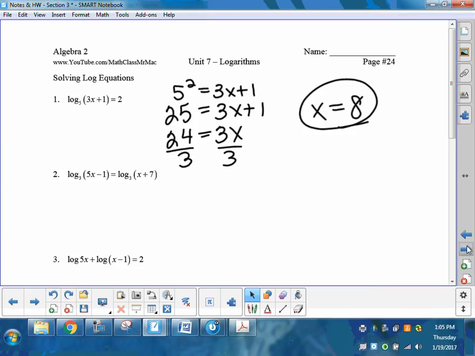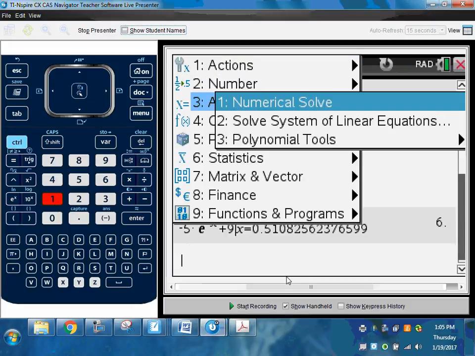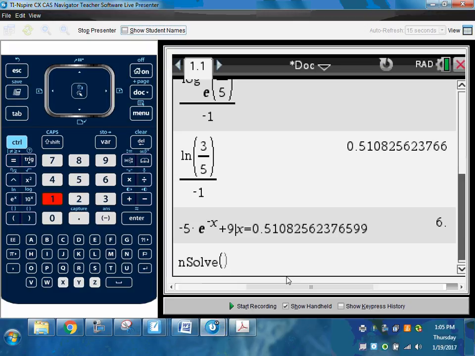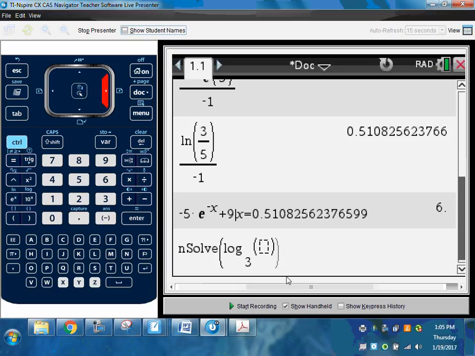Now go back into your calculator. Let's try this as a numeric solve and see what it gives us. Because remember, the calculator gets weird when it comes to nSolve, and it gets weird when it works with log. So go in right now, 3-1 for numeric solve. Plug in the original equation: log base 5 of the quantity 3x plus 1 equals 2, with comma x.